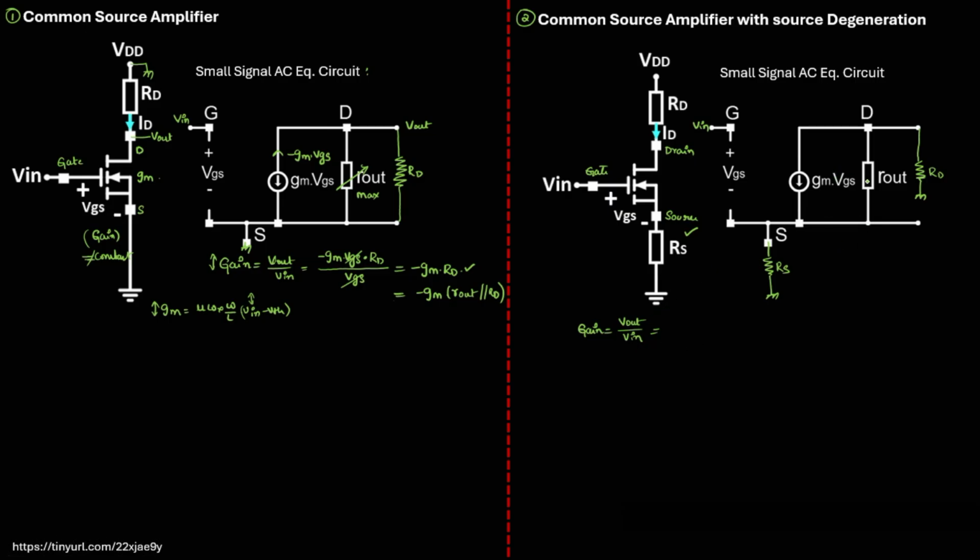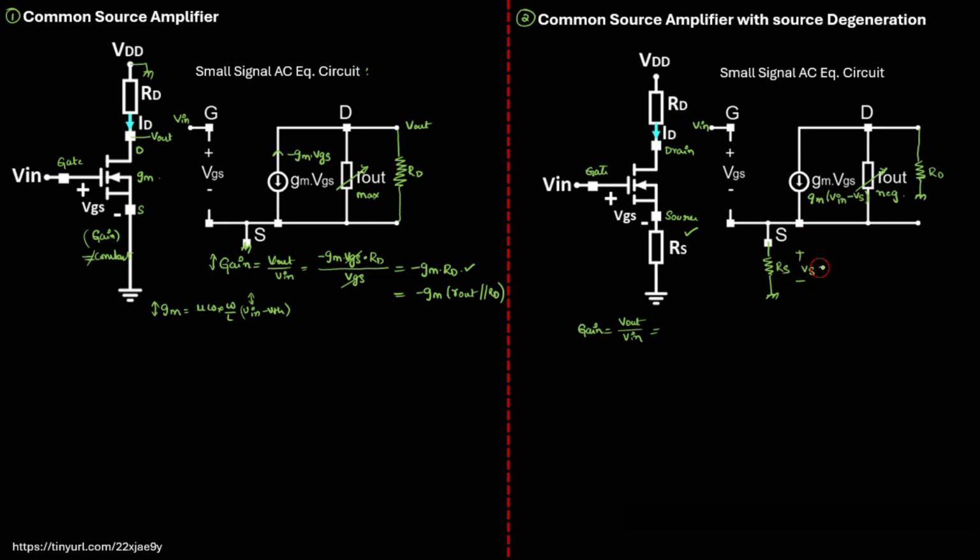Let me neglect R output initially, and GM times VGS current will be conducted over here, where VGS is nothing but VG minus VS. VG is nothing but V input, and VS is VS. Previously VS was grounded, but it is not grounded here. There is a small difference. Now the same amount of current will be conducted over here, so I can calculate VS.